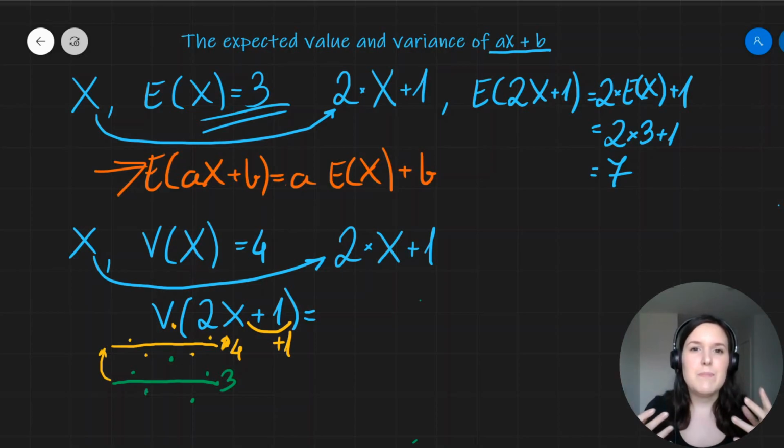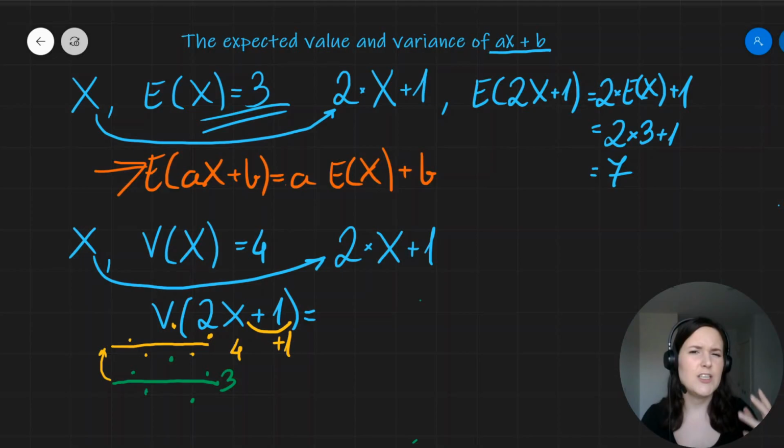The distances between the values and the mean didn't change, so the measure of spread should stay the same. If you just add b, so you add 1 or you subtract 2, everything just shifts and it doesn't change the spread of the values of the random variable. So plus 1 doesn't matter.